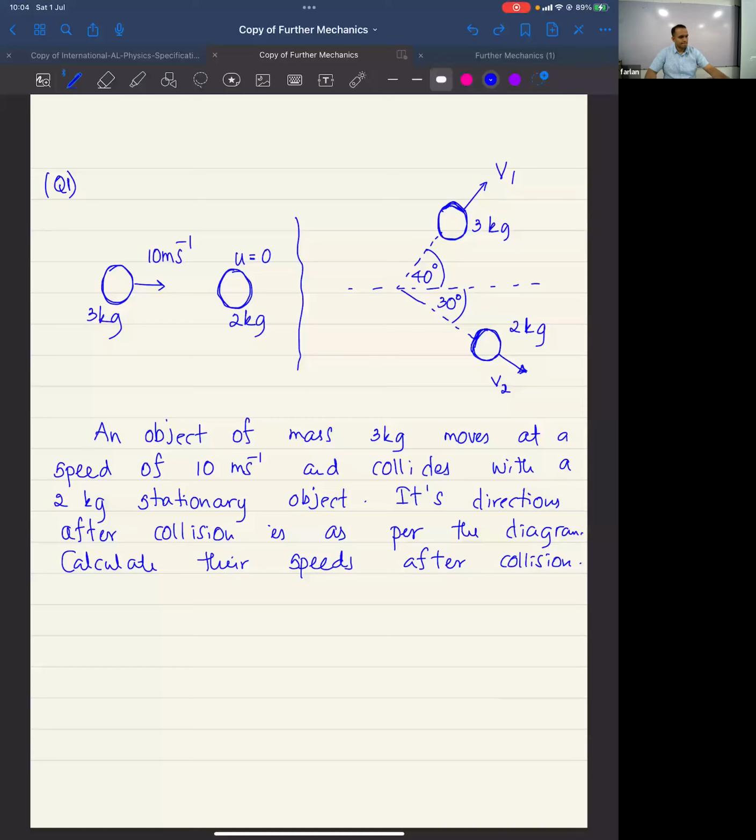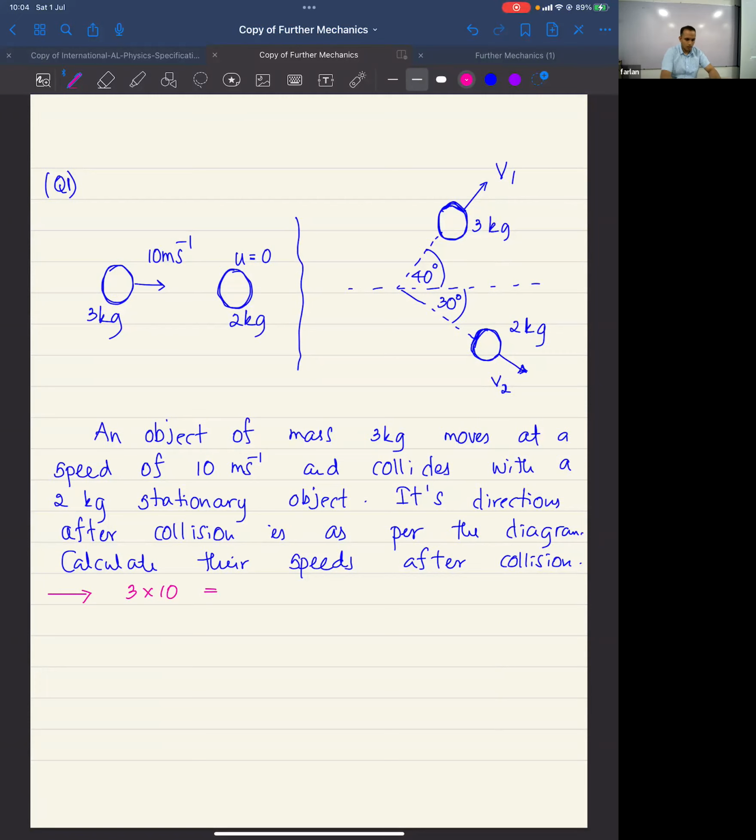Right. So now what we do here is we apply the principle of conservation of linear momentum in two perpendicular directions. If I apply it to the right in this direction, the total momentum before the collision is 3 into 10.